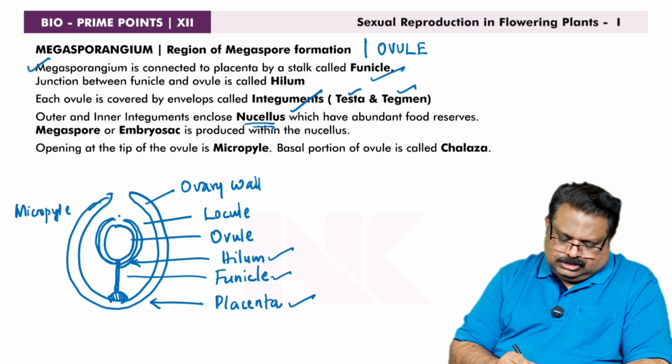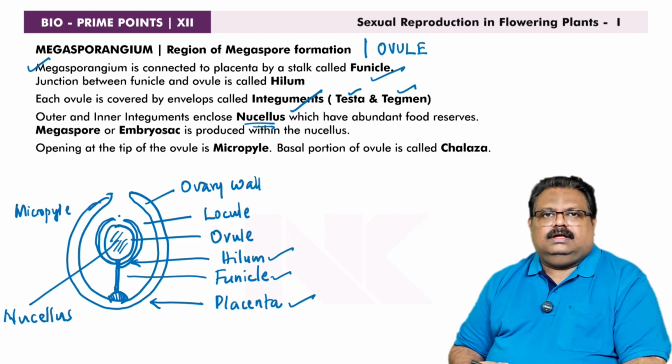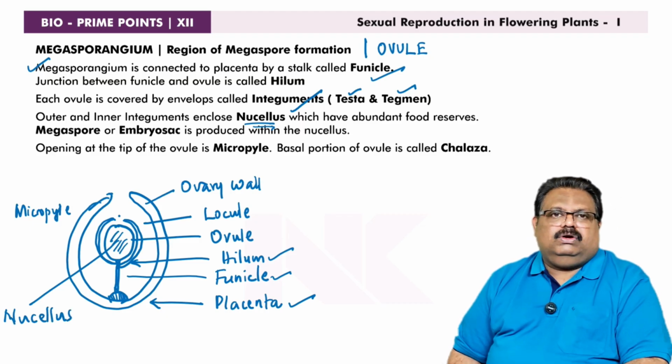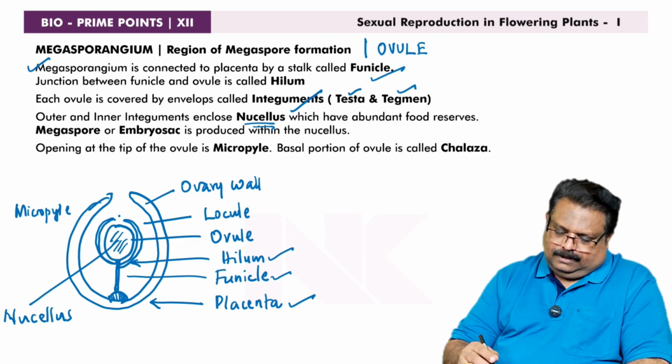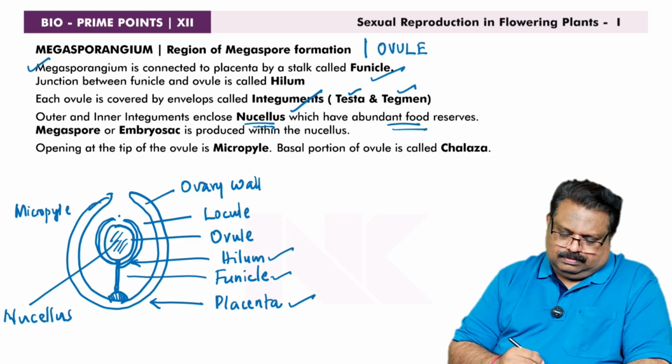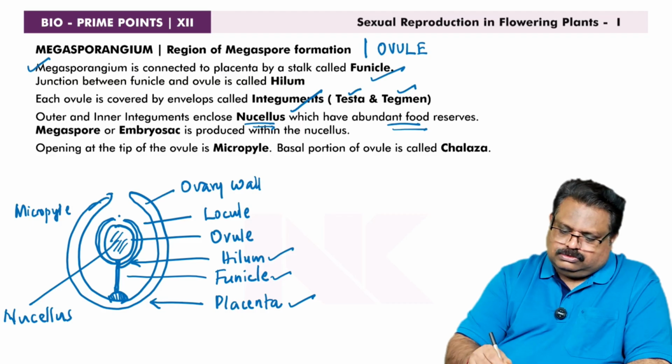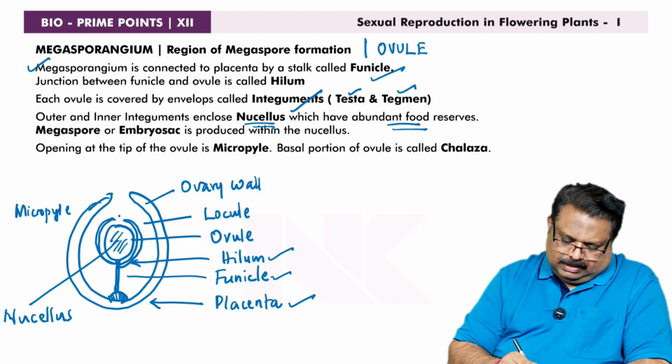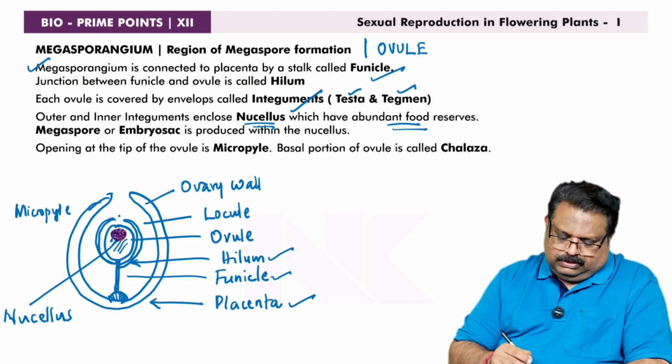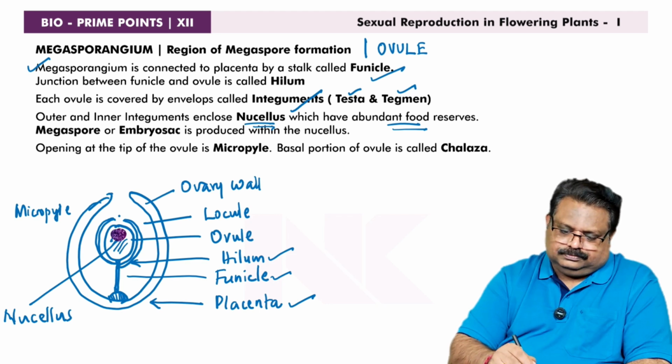The tissue present inside the ovule is called the nutritive tissue. The tissue is called nucellus. The nourishing tissue present inside the ovule is called nucellus, which has abundant food reserves. Megaspore or embryo sac is produced within the nucellus. Suppose this is a megaspore. Megaspore is produced inside the nucellus.